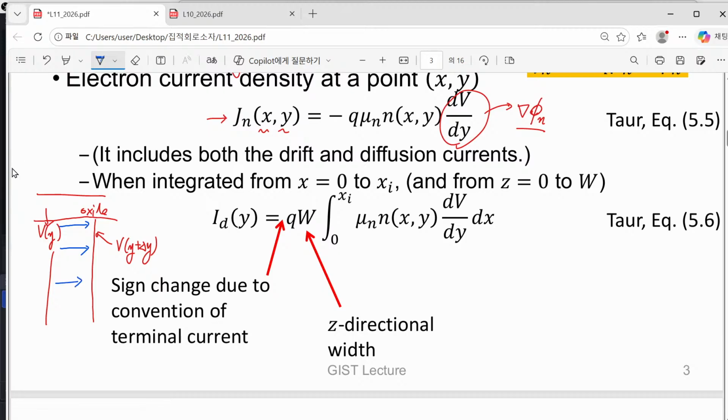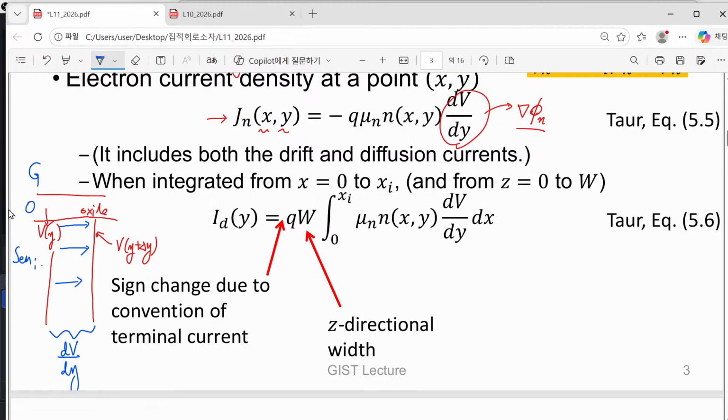Let me ask you one question. Here, we have the same amount of dV over dy. Then where can you find the most conductive part inside this MOS system? Let's say that this is a gate and this is oxide, and here you have your semiconductor.